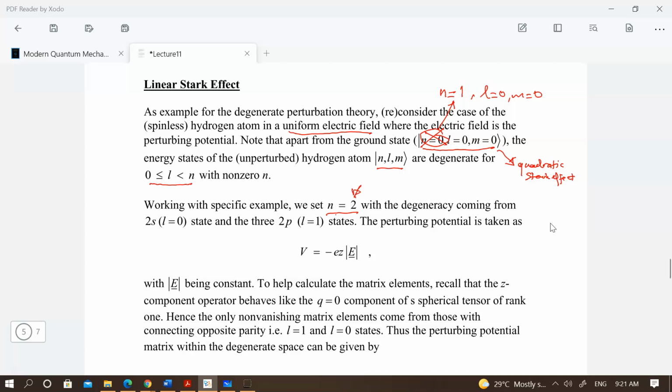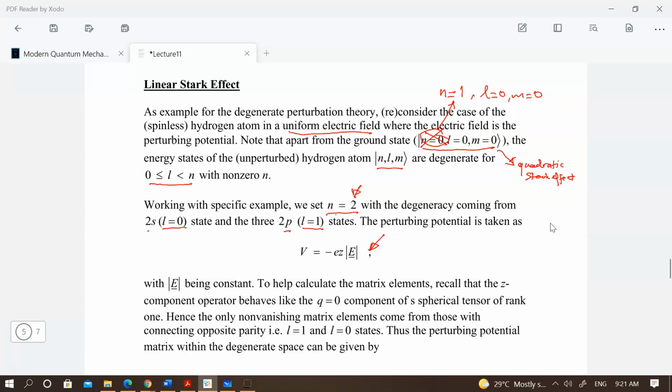Where the degeneracy comes from is the 2s state, or l equals 0 state, and the three l equals 1 states, which is what we call the p orbitals. Now we use the previous degenerate perturbation theory using this potential, in such a way that the potential energy operator will have vanishing off-diagonal elements.